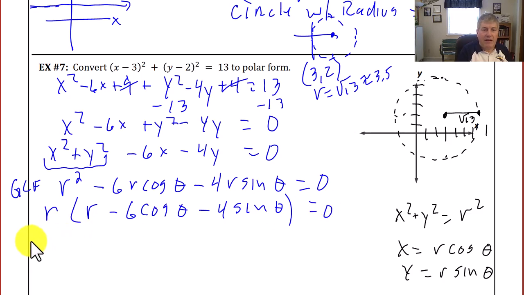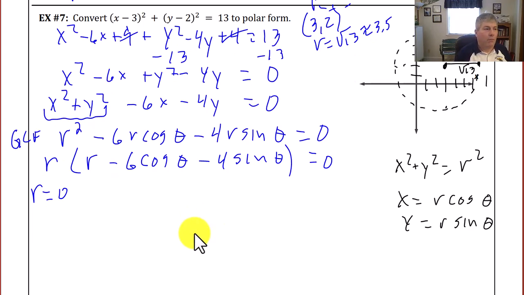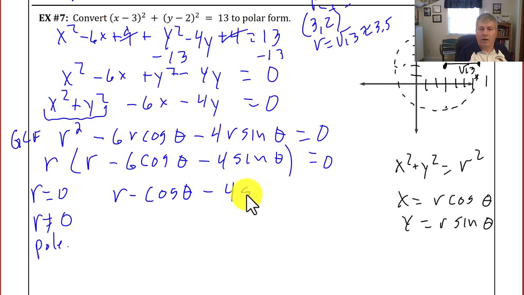Set each of the factors equal to 0, so I get r equals 0, which it can't. r can't equal 0 because that's the pole, so it'll just be a dot. And then we have r minus 6 cosine of theta minus 4 sine of theta. Set that factor equal to 0.